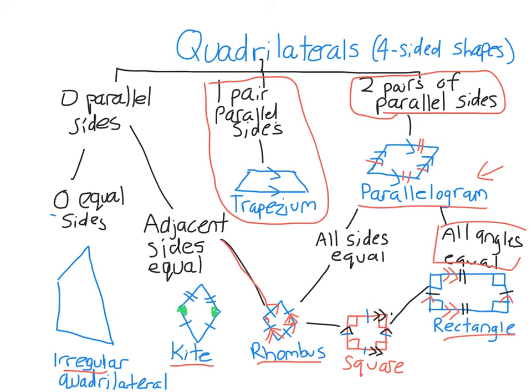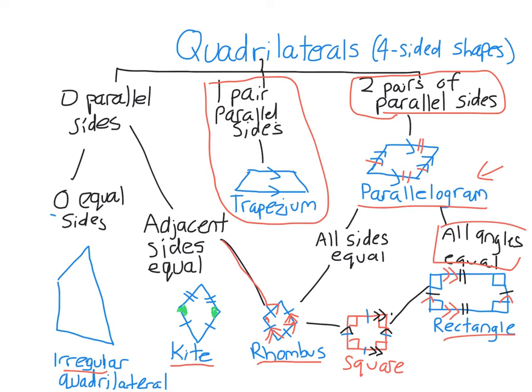So people often get confused with this last shape here, a square. The reason they're confused is they think that if it is a four-sided shape with all sides equal, it must be a square. A square has to have all sides equal, but also all angles equal. A square is a shape that is both a rhombus and a rectangle. It satisfies both definitions.